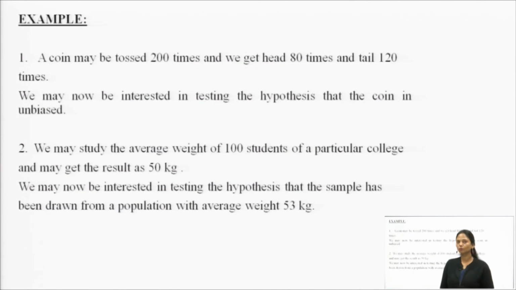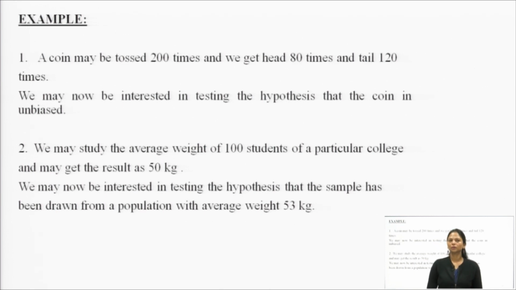So, for example, a coin may be tossed 200 times and get heads 80 times and tails 120 times. Now my question is, we may be interested in finding out whether the coin was biased or unbiased.